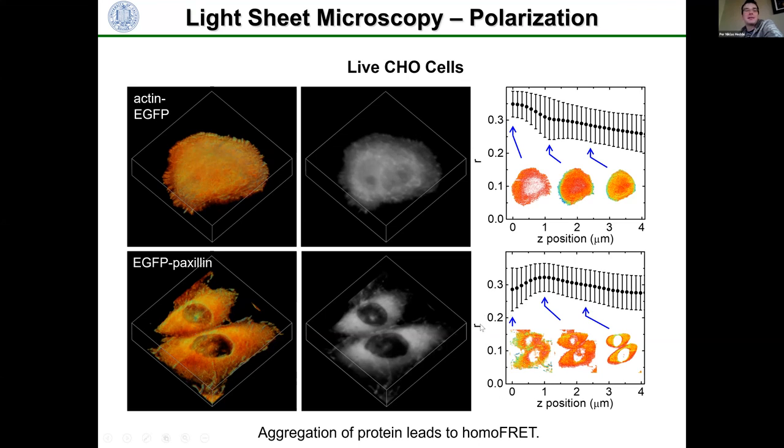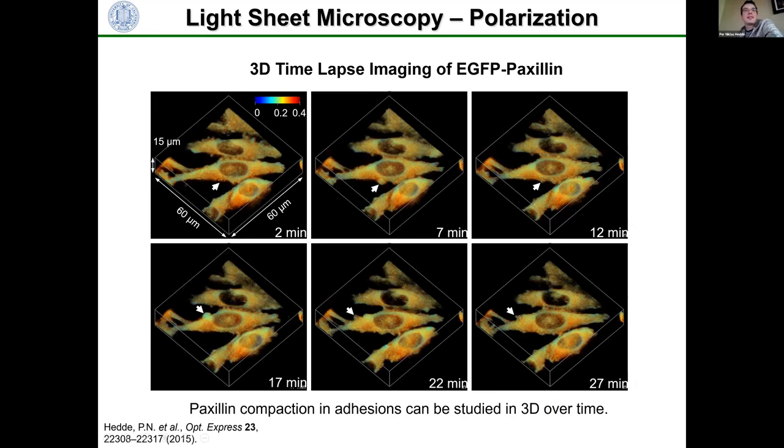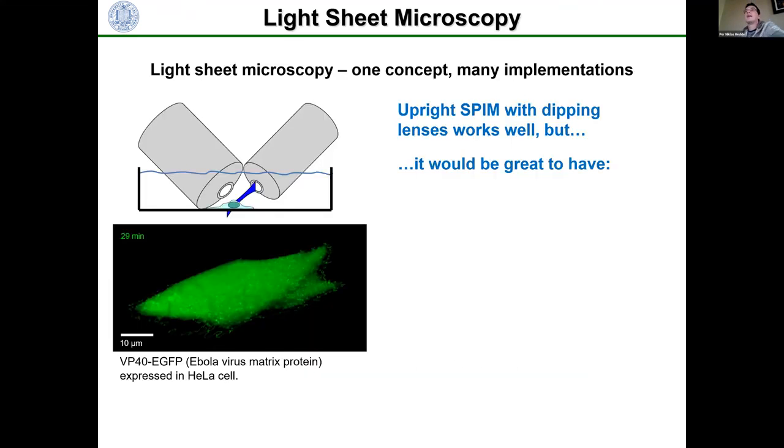If we quantify the polarization as a function of the Z depth, you can see that it's low near the surface where you have those adhesion complexes. And because this is light sheet microscopy, you can acquire these 3D data sets very fast as a function of time, for example, to track the formation of those adhesion complexes.